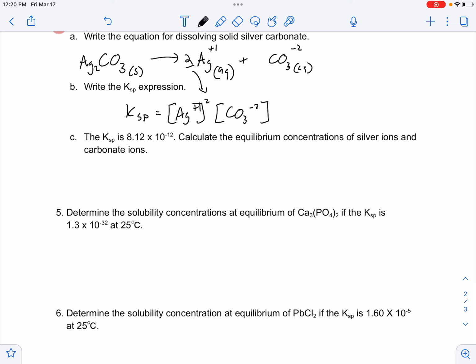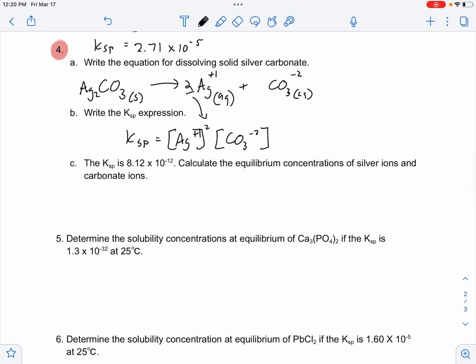Okay, now I'm going to do an ice table just so I can see what the values at equilibrium are going to represent for our silver and our carbonate. And you can probably guess what they're going to be if you've done a couple of these problems, but I'm just going to show you an ice table regardless. So we have Ag2CO3. This is a solid. It gives you 2Ag plus CO3.